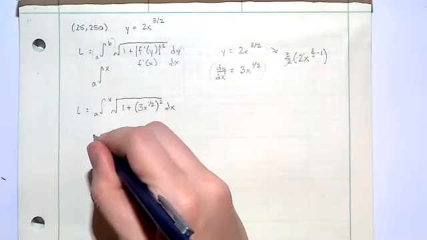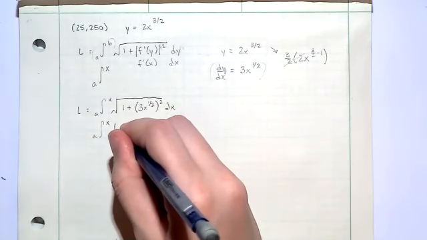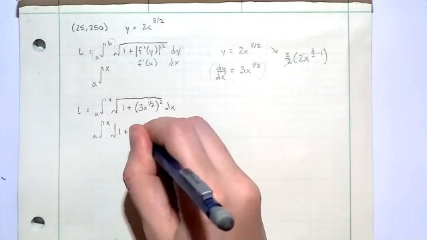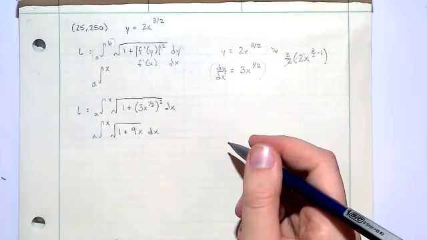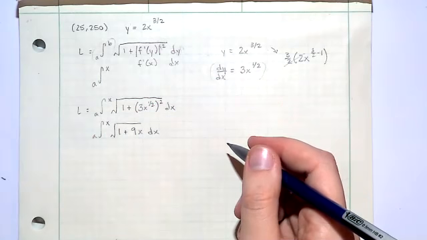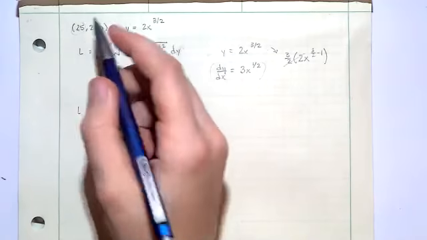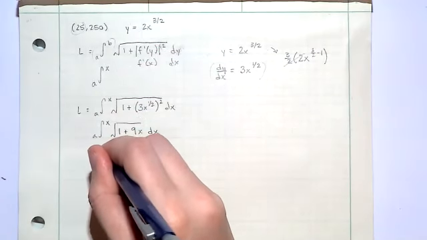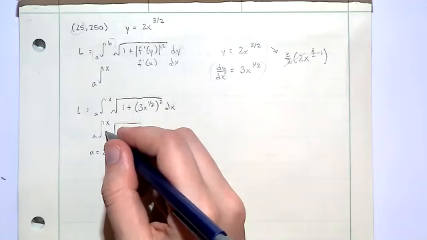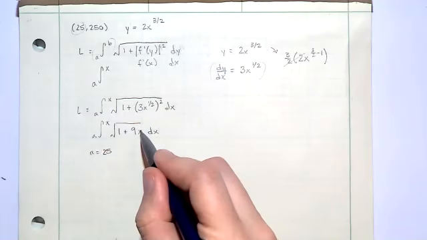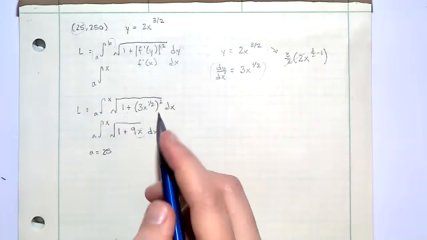So then we can simplify to say that it's from A to X of the square root of 1 plus 9x dx, which isn't too terrible. Now, since we only have a starting point, this 25, our A is going to be equal to 25. We'll just keep this as x, but we're going to start writing it a little bit differently. And we're going to replace these x's in here because we can't have an x both in the equation and in the bounds.